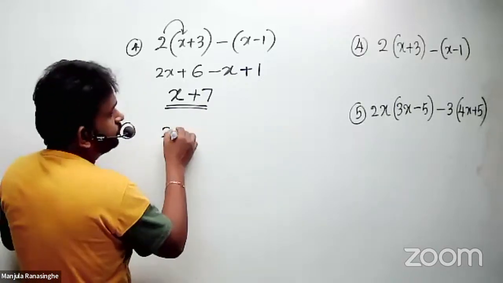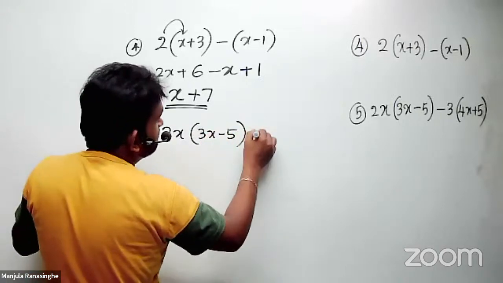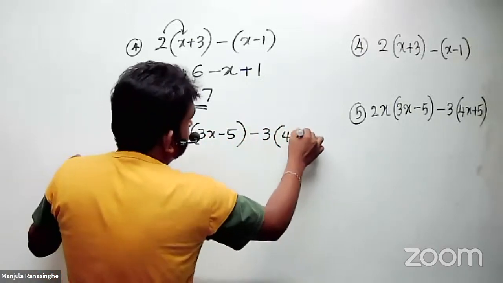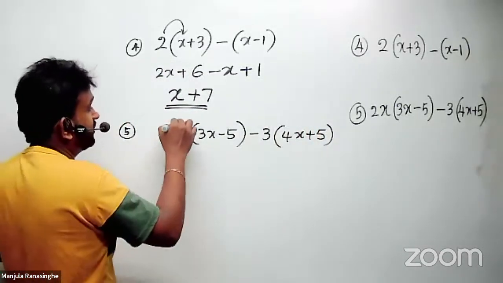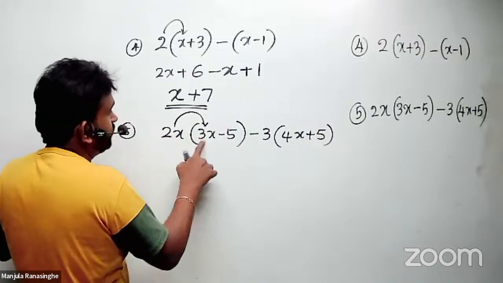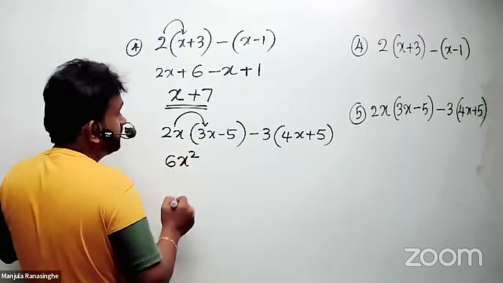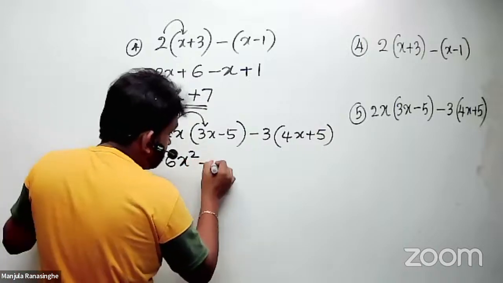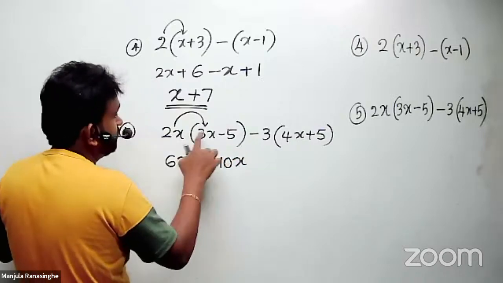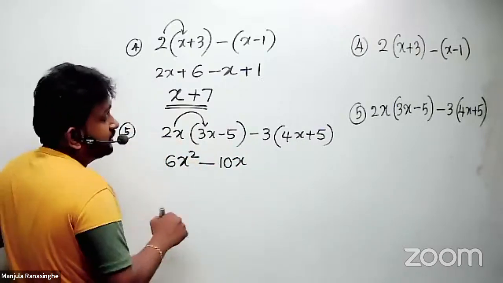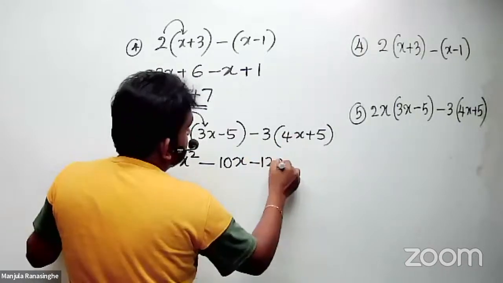So the fifth one, 2x into 3x minus 5, right, minus 3 into 4x plus 5. Now you can remove the brackets. 2x into 3x, 2 into 3 is 6, x into x, x squared. Then minus 2 into 5, 10x is there. Then minus 3 into 4, minus 12, x is there.